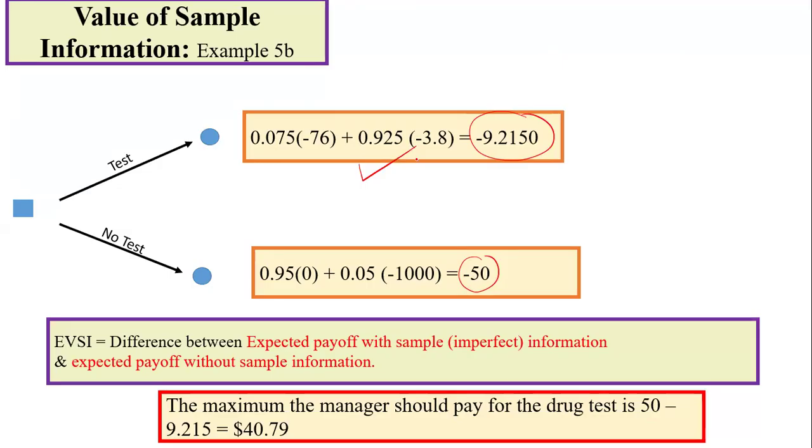If you don't test it, you are going to lose. The difference between these two is the loss that you will have, which is 40.9779. So that is the value of the perfect information. So the manager should be making the testing. You should do the testing.